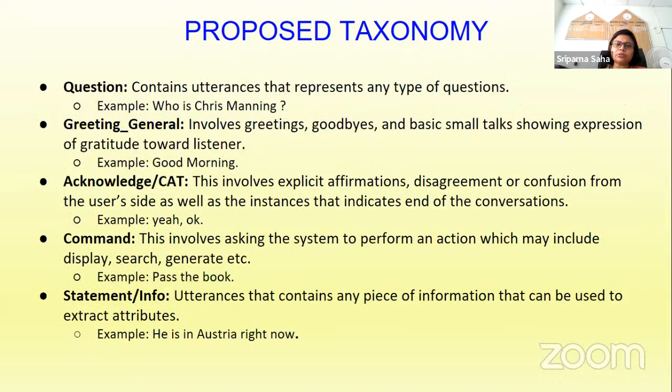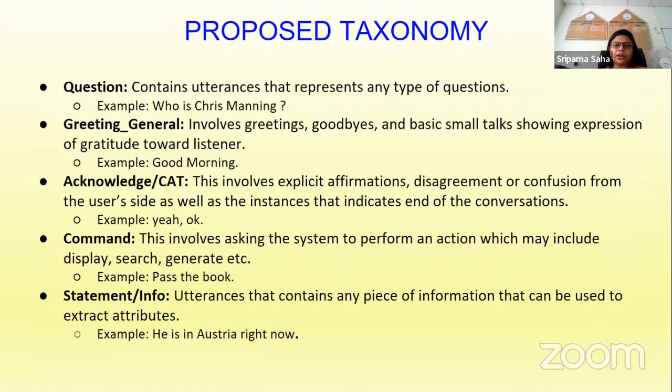Question contains utterances that represent any type of question, like "Who is Chris Manning?" or "How are you?" These are different types of questions. Then there is greeting general.